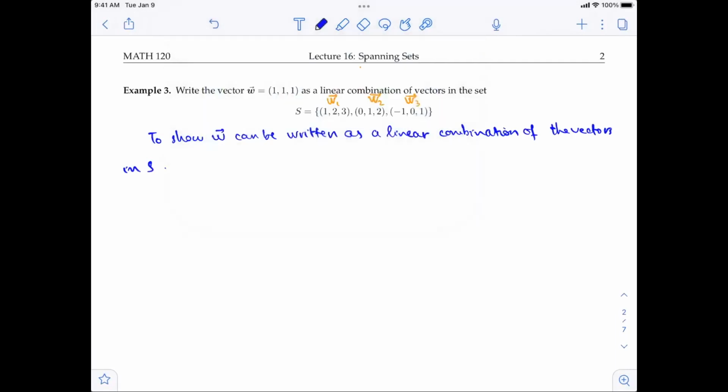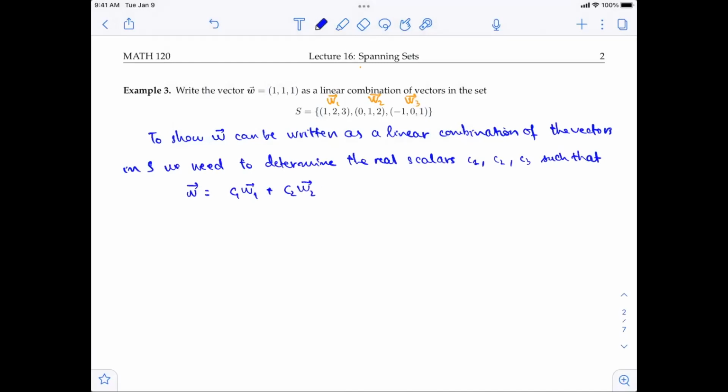What you do is you need to find the coefficients c1, c2, and c3. So to show w can be written as a linear combination of the vectors in S, we need to determine the real scalars c1, c2, c3 such that w can be written as c1 times w1 plus c2 times w2 plus c3 times w3. We know the value of w. We know the values of w1, w2, and w3.